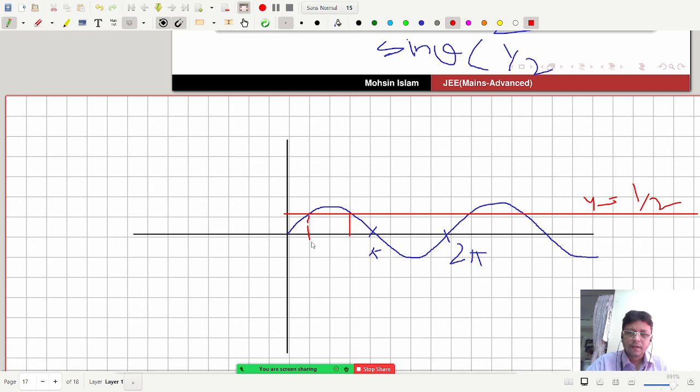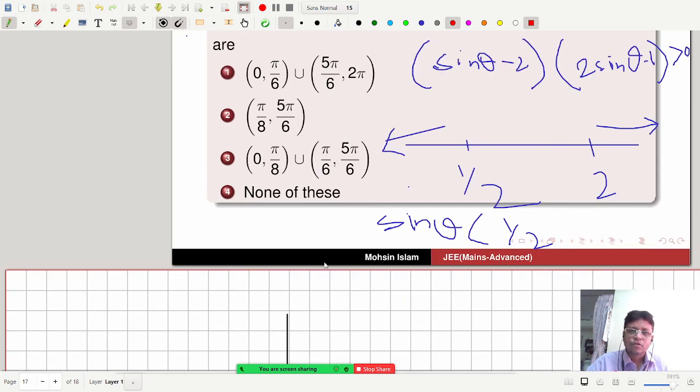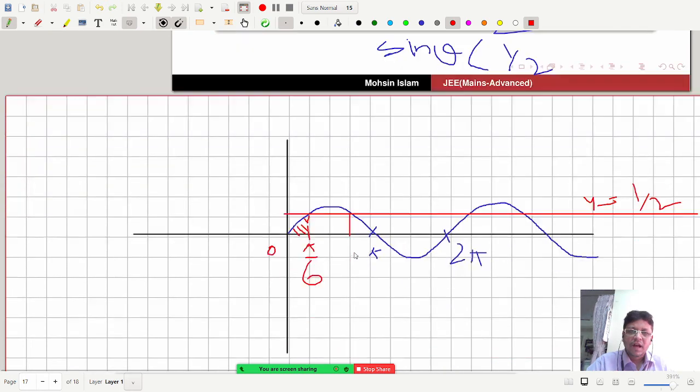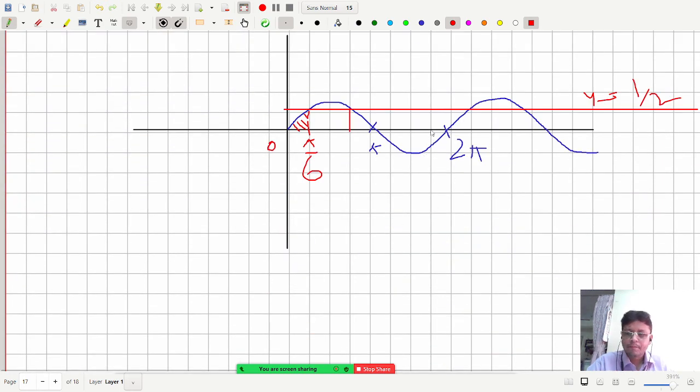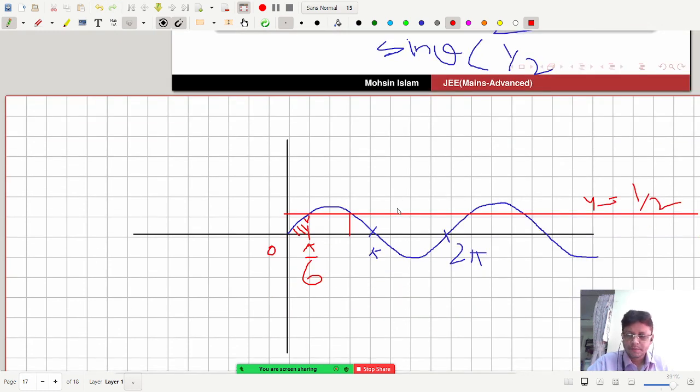Sine theta less than half is in this range. So this is your pi by 6, because the value half will be attained at pi by 6, and this is pi. So this is the interval where you have sine theta less than half. So 0 to pi by 6, and 5 pi by 6 to 2 pi. So what is your option?